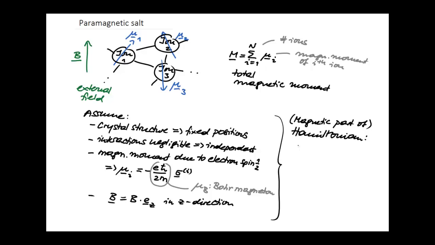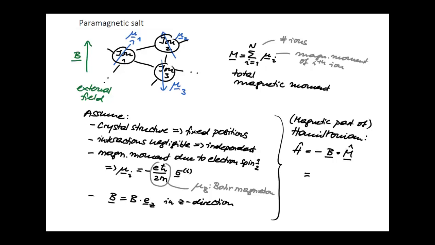It has the structure: the Hamiltonian is minus external magnetic field times the operator of the total magnetic moment. Now the total magnetic moment, we said, is the sum of the elementary magnetic moments.